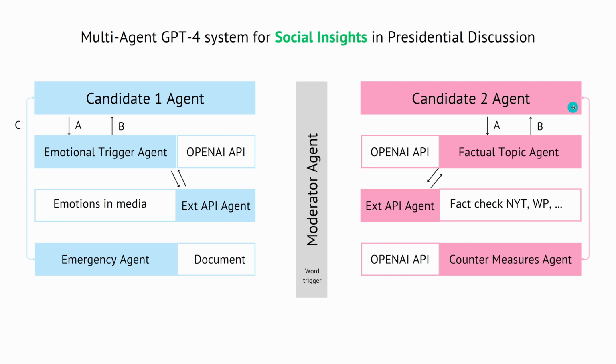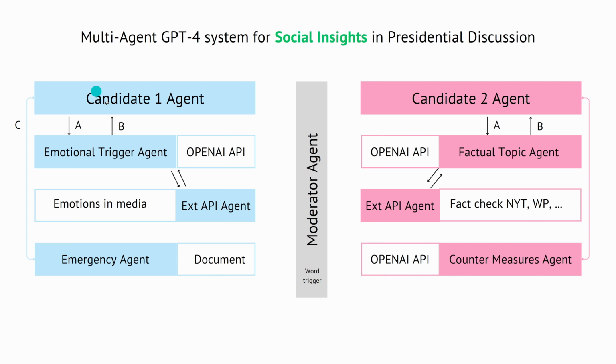What is the best way to react to an emotional attack if you are, with your personality, more on the logical, factual side? You can design a countermeasure agent that counters this emotional confrontation and ask OpenAI, let's say GPT-4, how to best counter-argue an emotional statement.